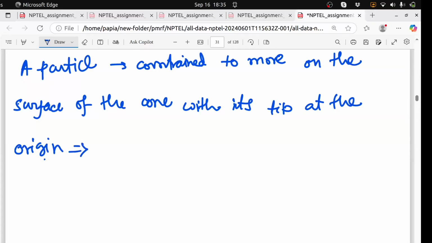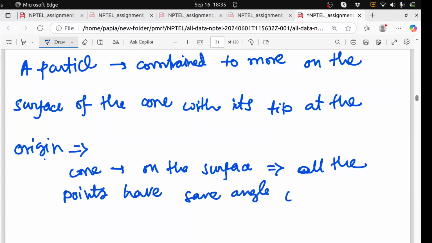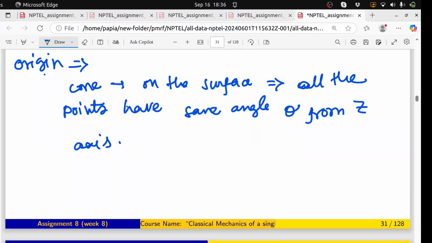For this condition, on the surface of the cone, all the points have the same angle theta from the z-axis, right? So that means we can definitely say that theta is constant here.